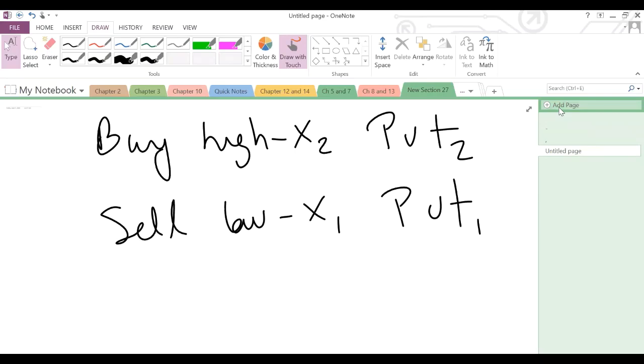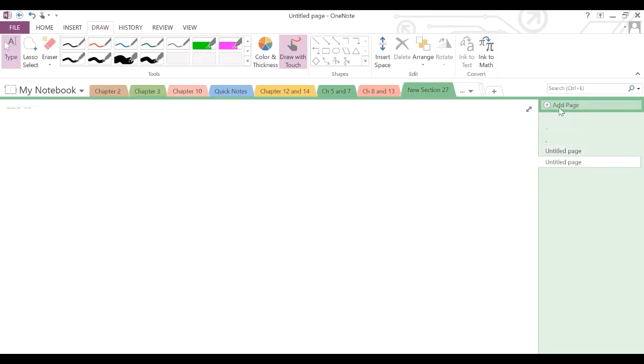Now, how can we calculate the profit from a bear spread? Let's assume put options once again. So the profits can be calculated like this. We have to keep in mind that we bought the high strike put. So in other words, we paid the premium of that high strike put option.